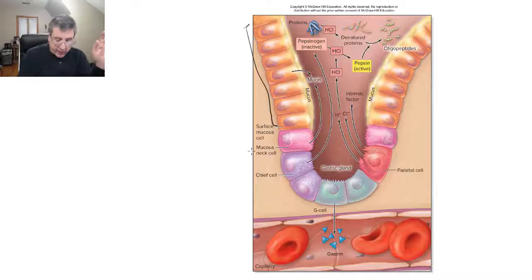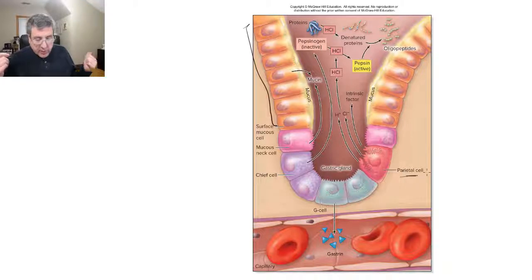Then we have the other mucus cells, the mucus neck cells, and these are acidic secretions. Then we go down to parietal cells. Parietal cells will secrete intrinsic factor, the only essential function of the stomach, so definitely know that one. It secretes hydrogen ions and chloride ions.